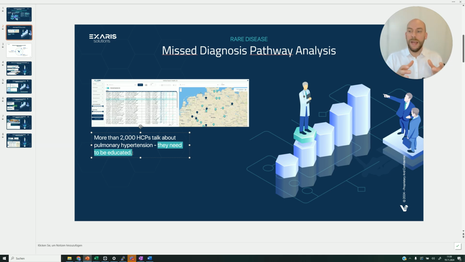You can use them as your awareness candidates and say, hey, think about this diagnostic way, think about this clinical picture to really identify the patients, because those physicians are treating patients or are interacting with indications related to the rare disease, but maybe they are not educated enough, they don't know enough about it, so you could talk to them, make an awareness campaign, and see that they become relevant.